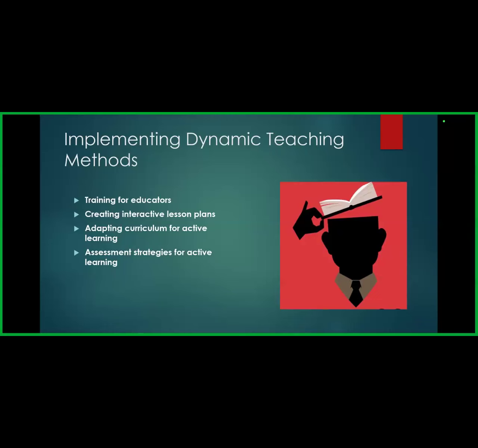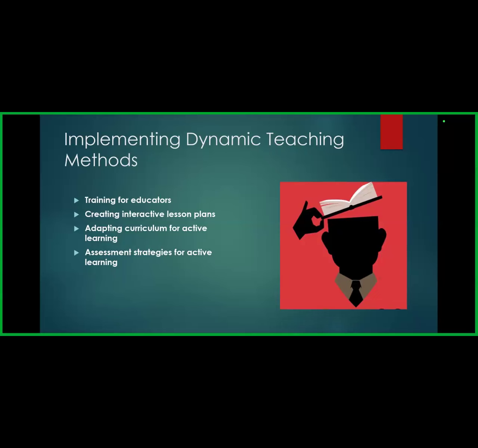So whenever we are making any plan for any class, we should keep in mind that we can at least incorporate 3 to 4 active learning strategies in them. Then adapting curriculum for active learning, so we have to design the curriculum in a way where the active learning process can be done.